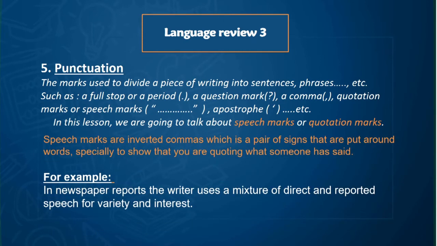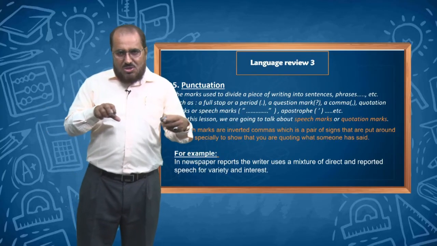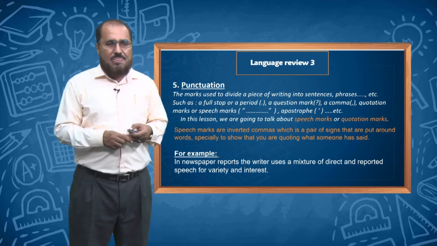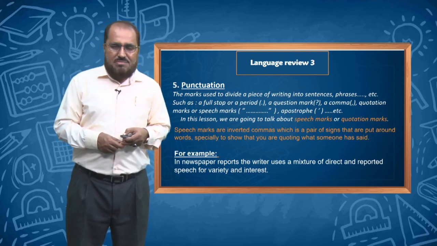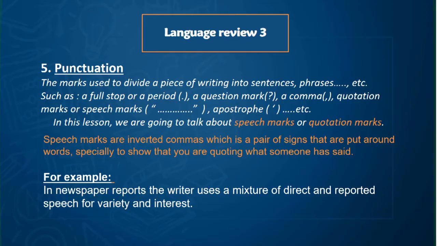Speech marks are inverted commas, which are a pair of signs that are put around words, especially to show that you are quoting what someone has said. Example. In newspaper reports, the writer uses a mixture of direct and reported speech for variety and interest.